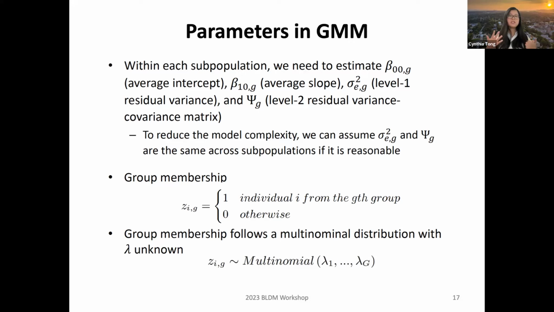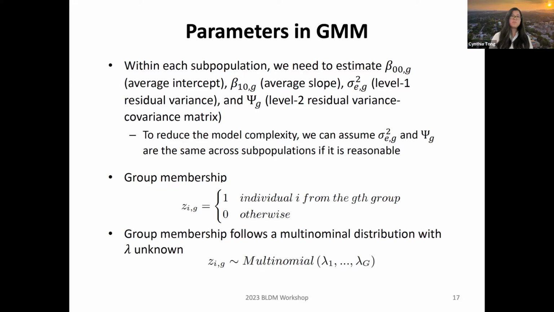So within each latent class, there are 6 parameters to be estimated. For GMM, there is definitely more than one class. So if there are 2 groups, then it's 12 parameters, and 3 groups, 18 parameters. But remember, we also need to add the class proportions as additional parameters. So as the number of classes goes up, the model complexity can increase quickly.